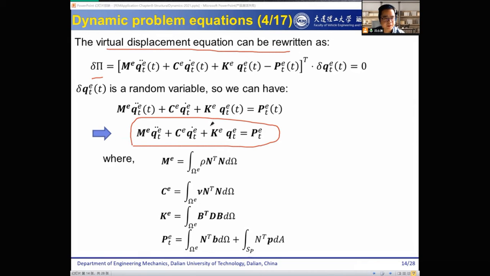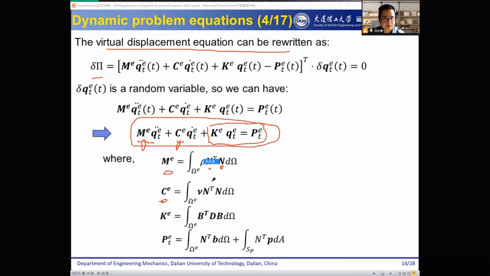This is the part for the static case, but for the dynamic case we have two additional parts: one is the term related to the mass, the other is the term related to the damping. Therefore we have the mass matrix and the damping matrix, and we use the shape function of the element for both.